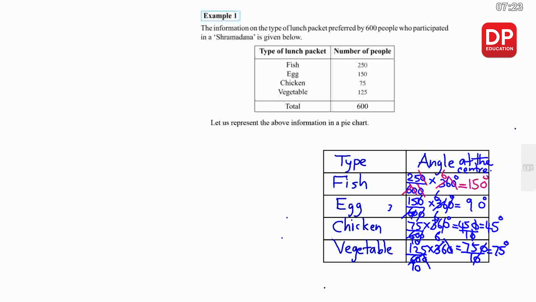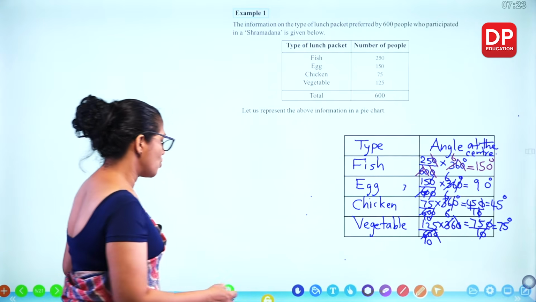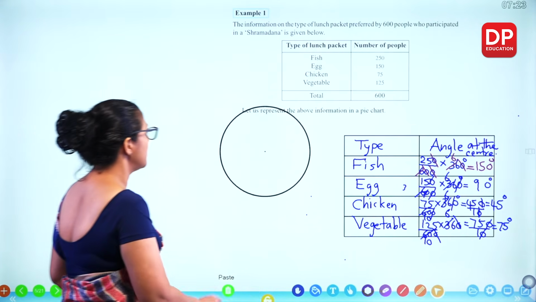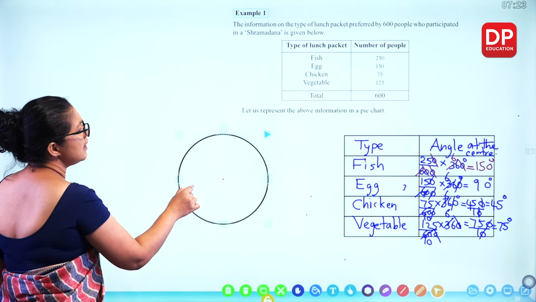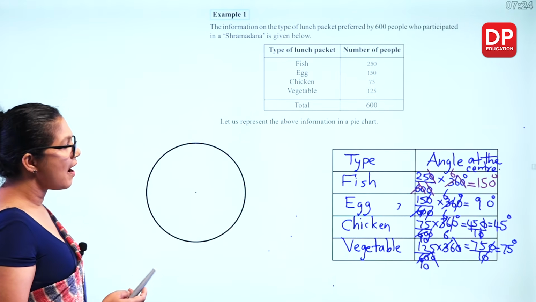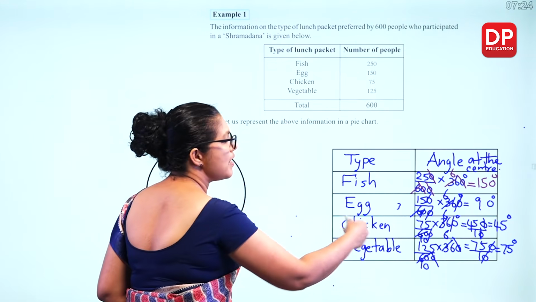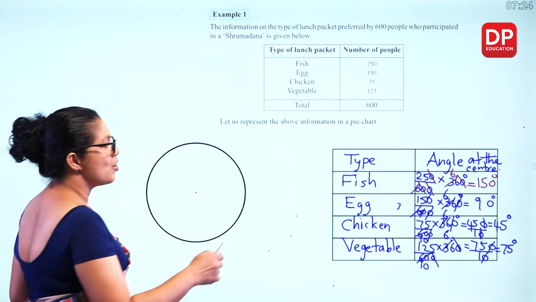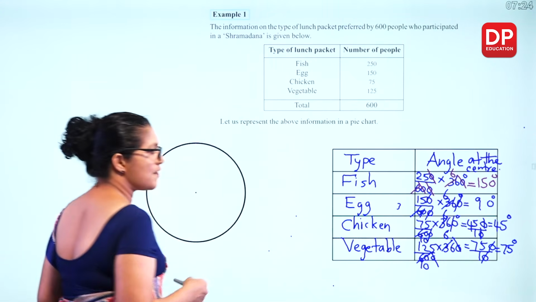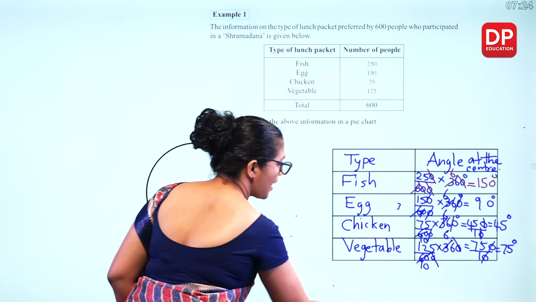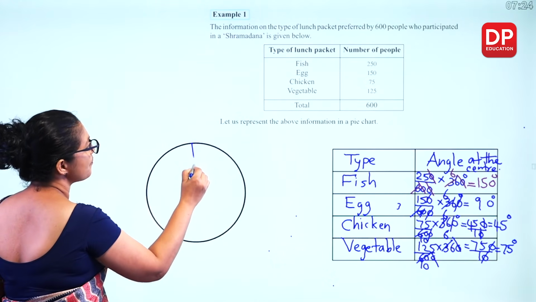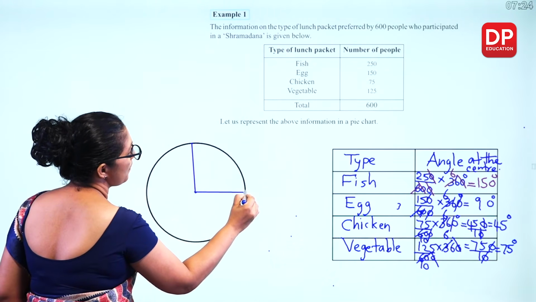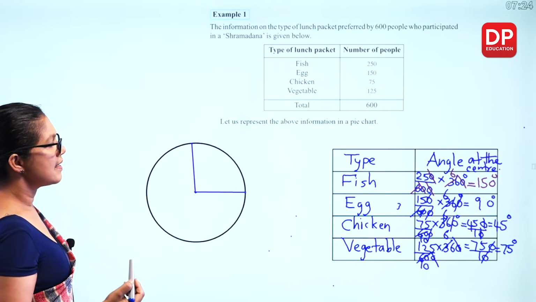Now we need to draw the pie chart. So here we can take the circle. Now we'll mark this information on this circle. So easiest to mark 90 degrees first. So I can mark 90 degrees. That's eggs.